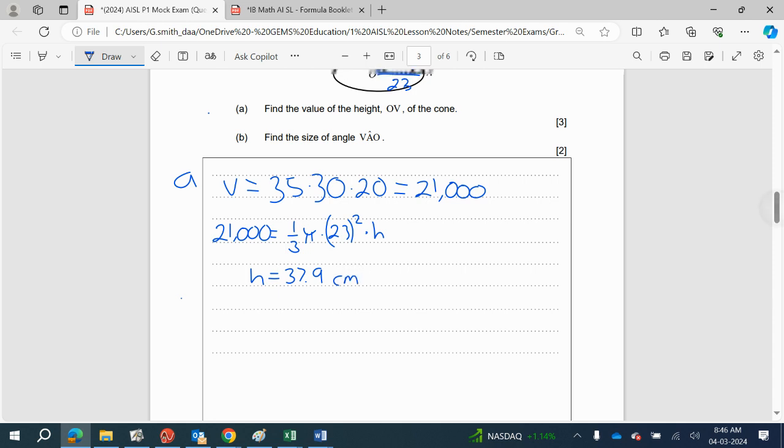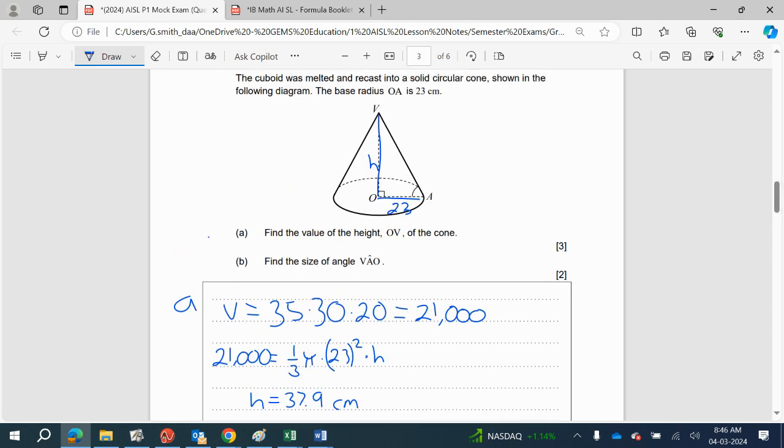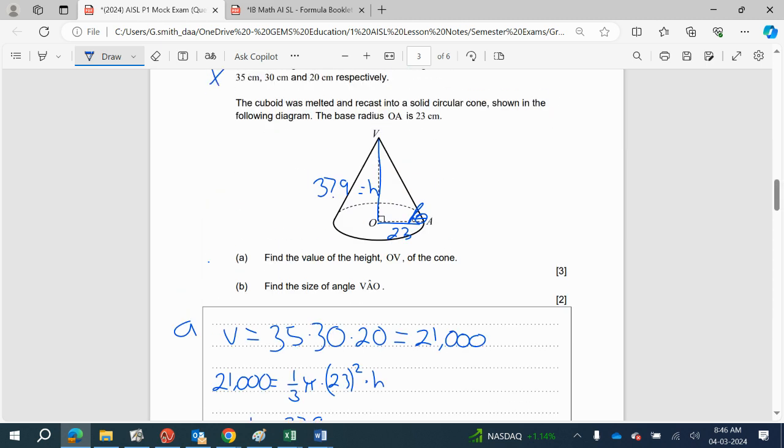Next, we need to find the size of the angle A. So we need to find the size of this angle here, theta. We've got this length now, which is 37.9 approximately, and we've got this length. So we can just use SOHCAHTOA. This is the opposite. This is the adjacent.